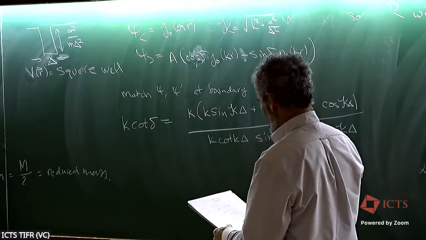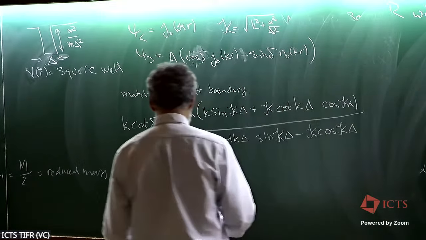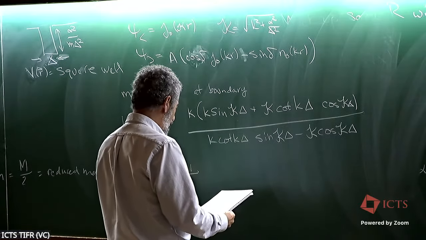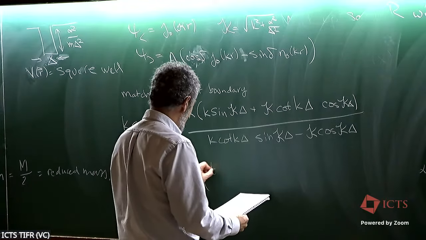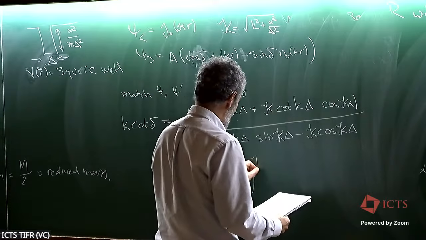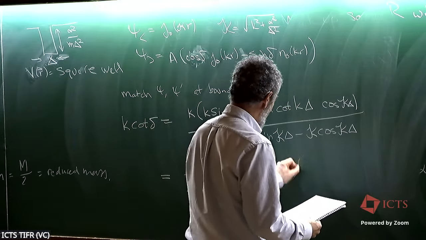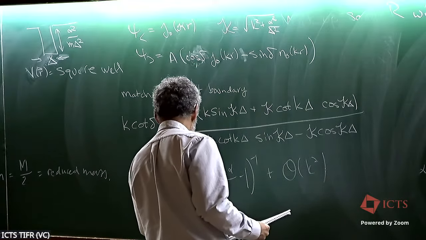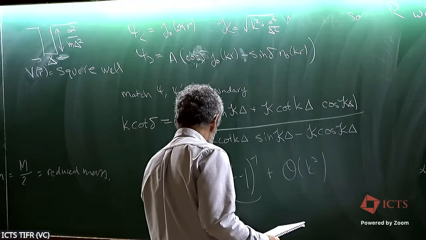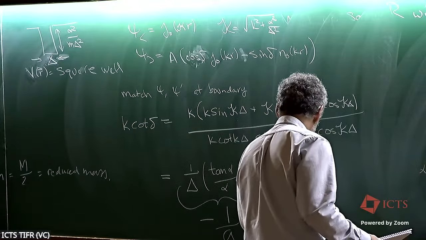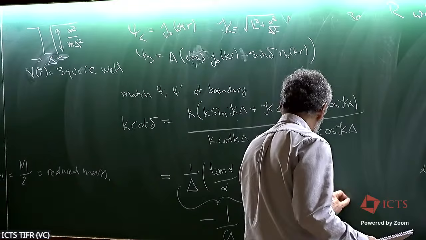What we can do then is expand this and find the scattering length, and we find that this is equal to 1 over delta times (tangent alpha over alpha minus 1) inverse, plus order k squared. This is minus 1 over the scattering length, and this would be one half r naught k squared if I computed it, and so on.